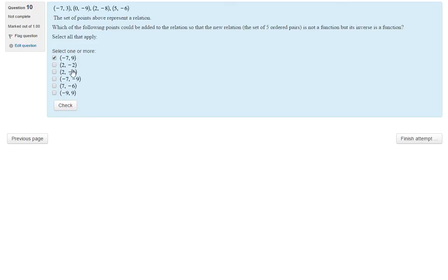What about the next one? 2 overlaps with an x value, so that's good. That means that the relation is not a function. And -2 is different than each of the current y values. So when I flip x and y, that means that the inverse will be a function. So that one also works.